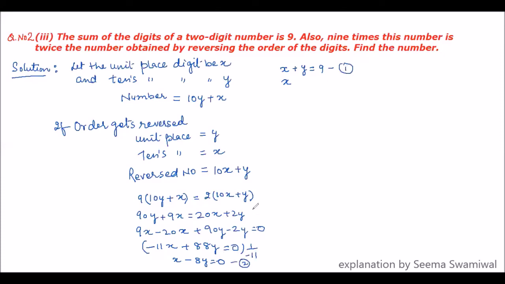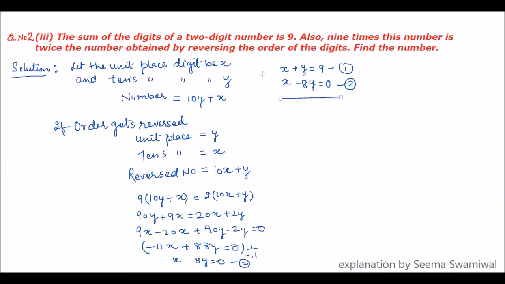Let's write down both together to get the system of linear equations. That means we need to find the solution which satisfies both these equations. Now once again, you have to observe both the equations very carefully. See, is there any variable which has the same coefficient?